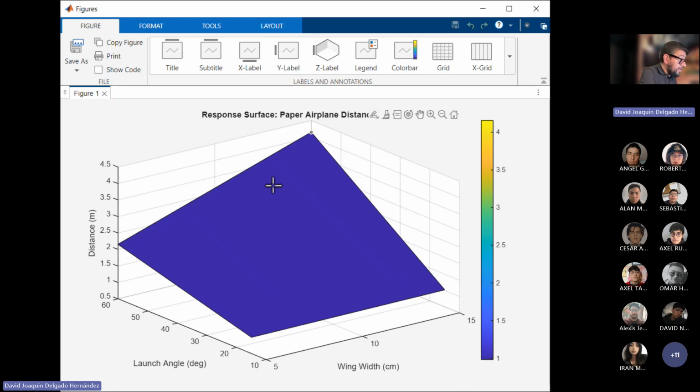The best combination in this case is when you have a wing width of 15 centimeters on the one hand, and a launch angle of 60 degrees on the other. In this case, you can reach more than 4 meters of distance. It is 4 meters and 15 centimeters, okay?